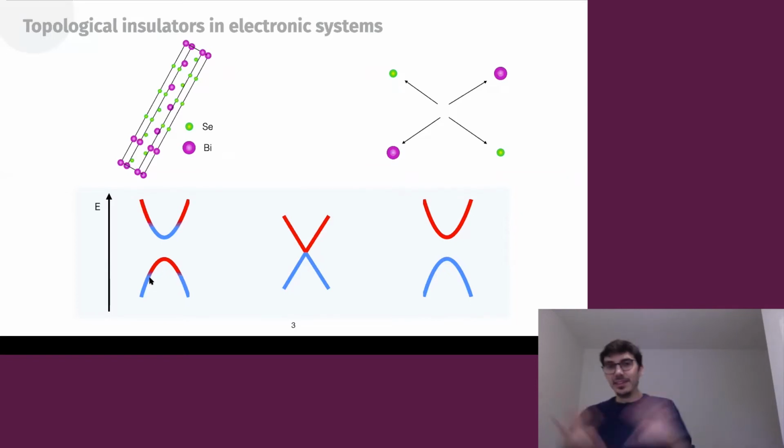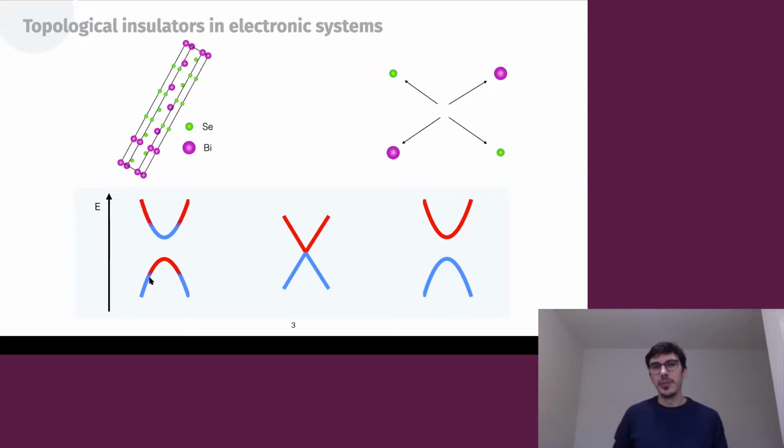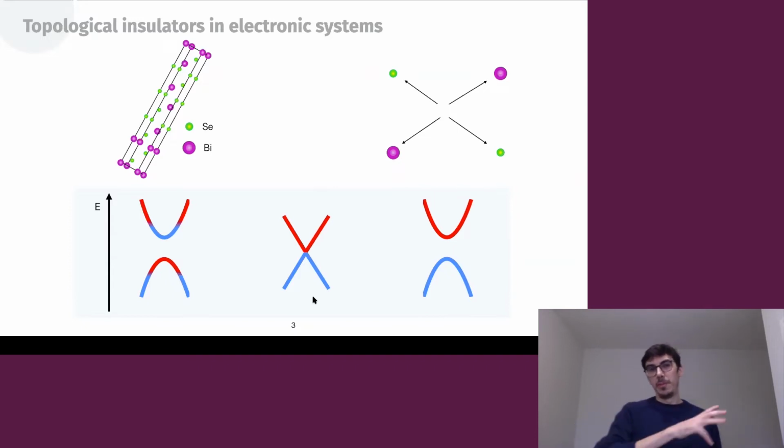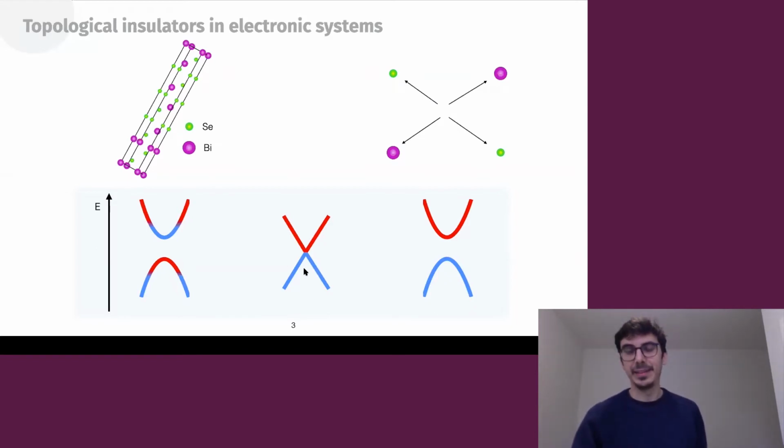Now, this is a very broad and naive description of what topological insulators are, but one very important aspect of topological insulators and topological materials in general is what happens here in the middle, where the system goes from having a twist in the wave function to not having that twist in the wave function. Because something dramatic must happen at that point, and what typically happens is that you have this metallic state.